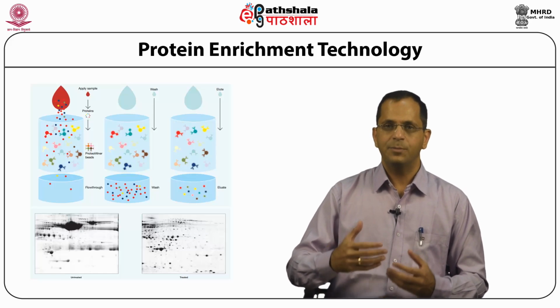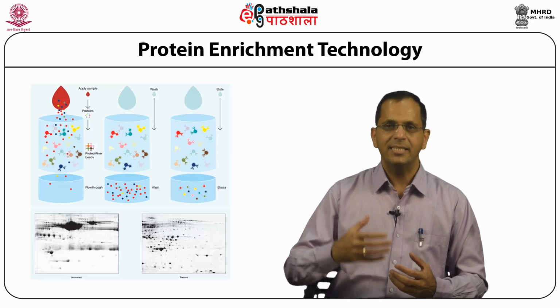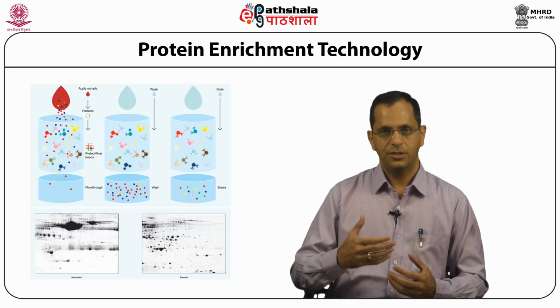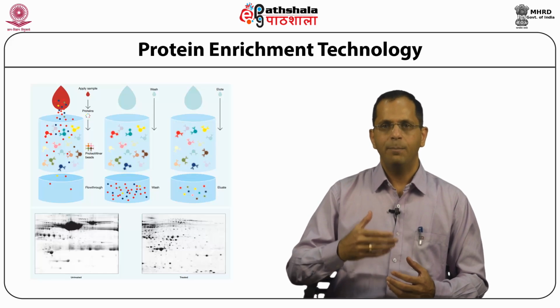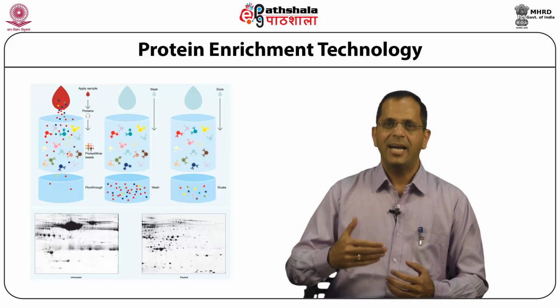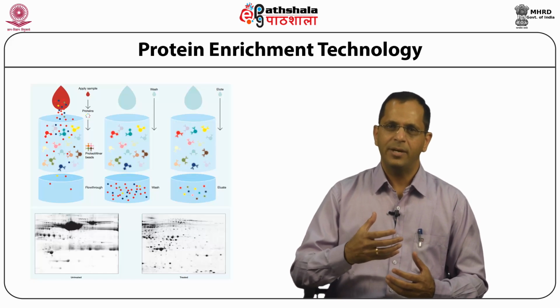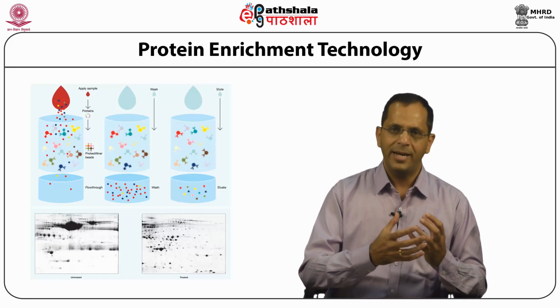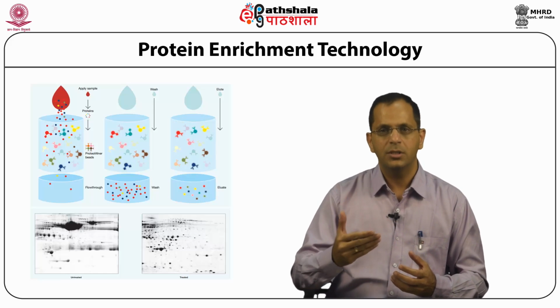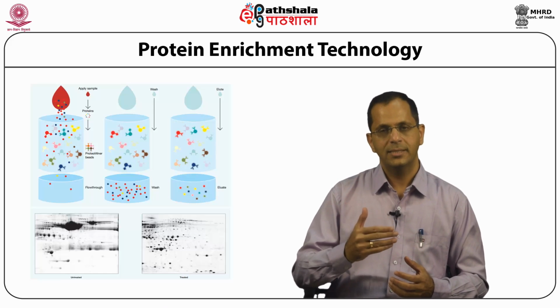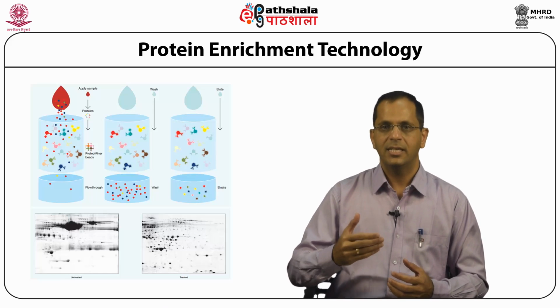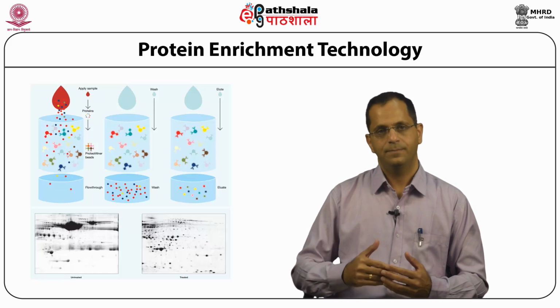The protein enrichment technology decreases the dynamic range of the protein concentration in the sample by employing a large and highly diverse library of combinatorial peptides, which dilutes high abundant proteins and concentrates the low abundant proteins.